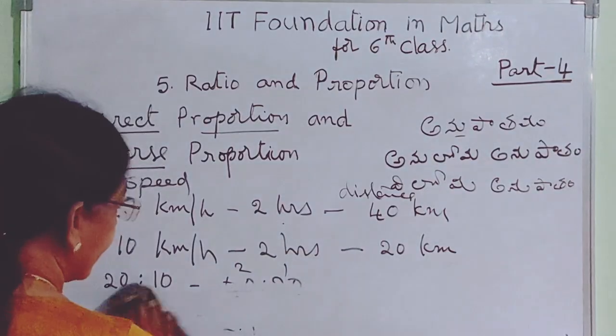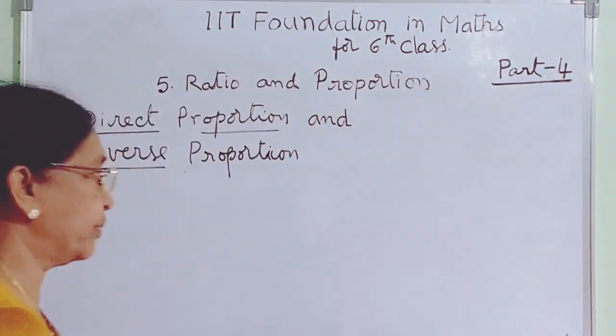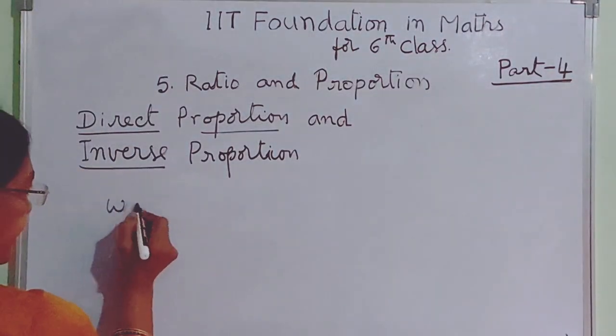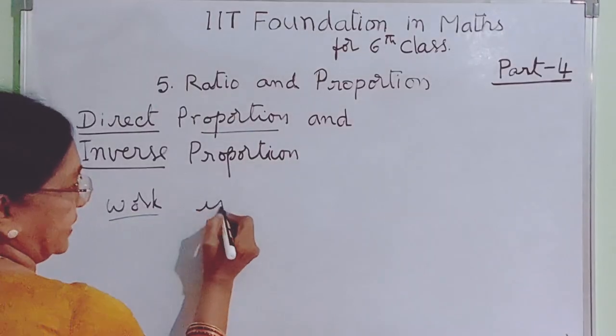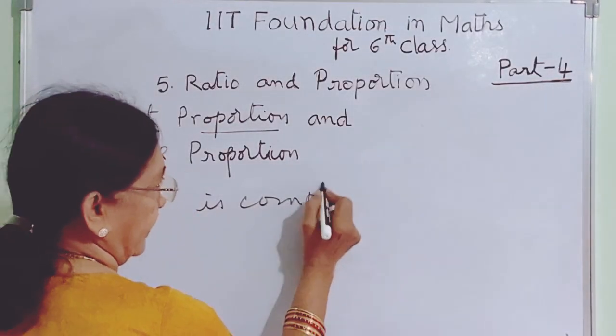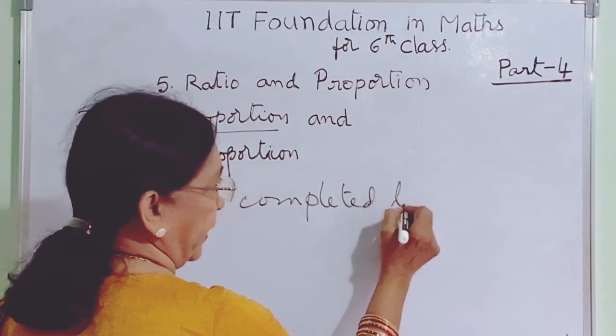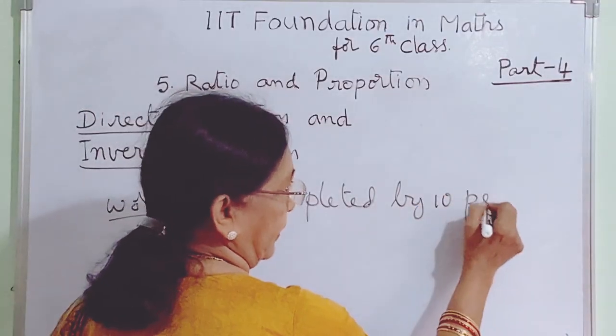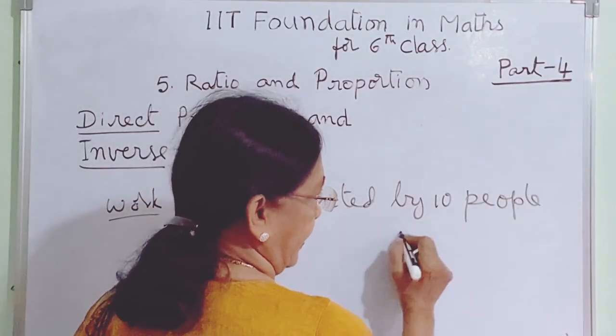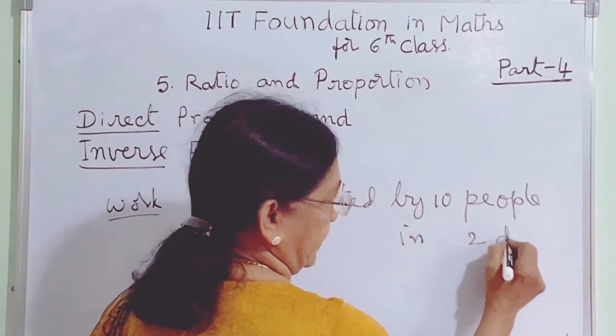Next, inverse proportion means, suppose some work is completed by 10 people in 2 days.